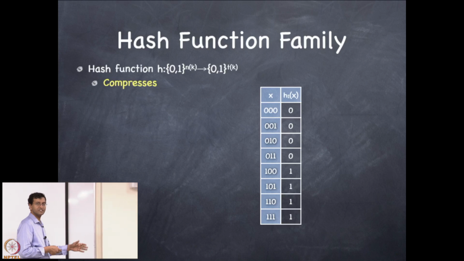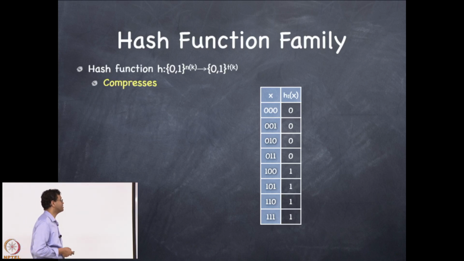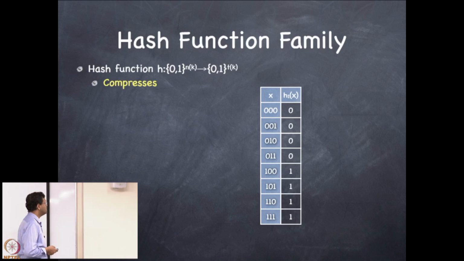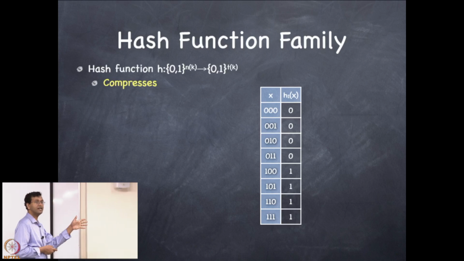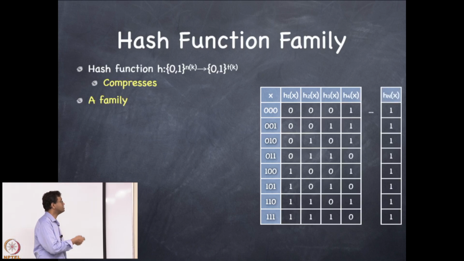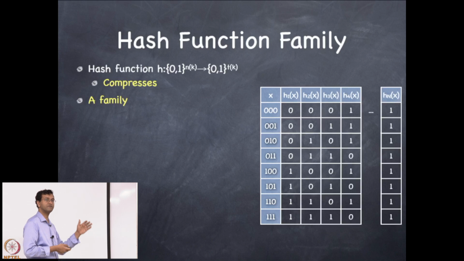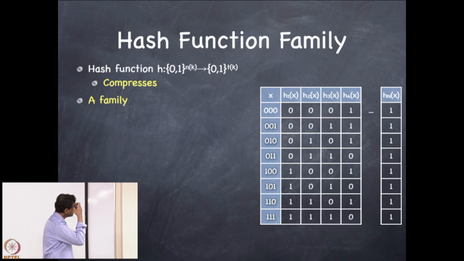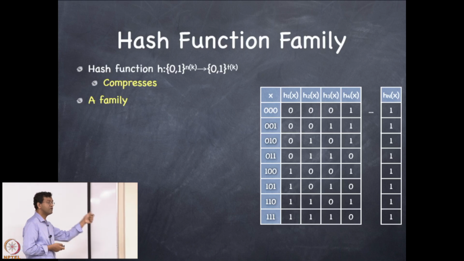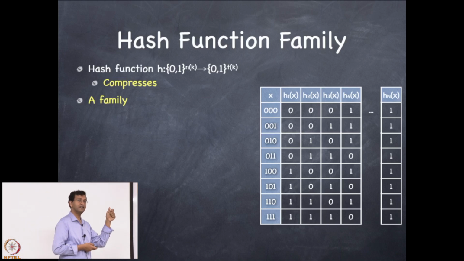Of course, it's not the kind of hash we'll typically be interested in, but just as an example. We'll have not just this one hash function, but a family of hash functions, each doing this: take n-bit inputs, give t-bit outputs. When you want to apply this hash, you typically pick one of these functions at random and use it.